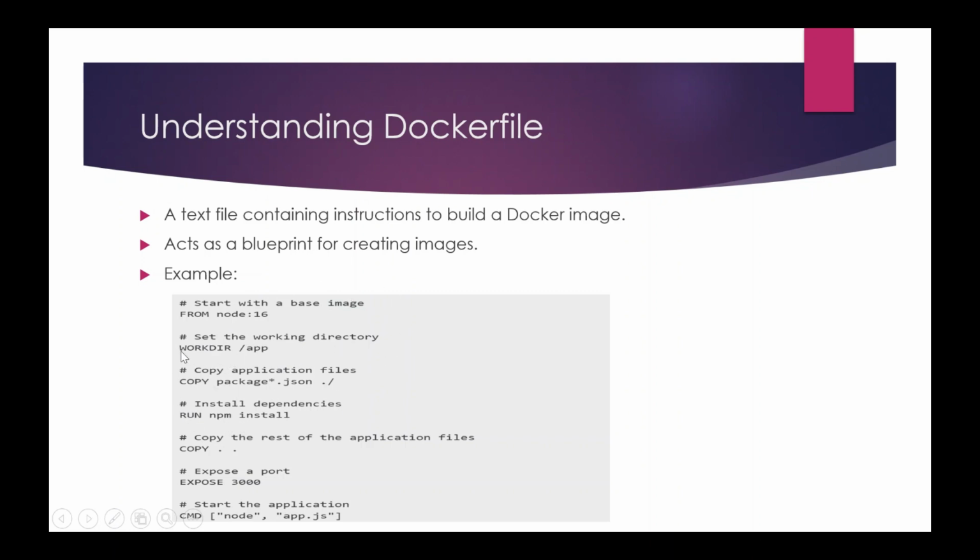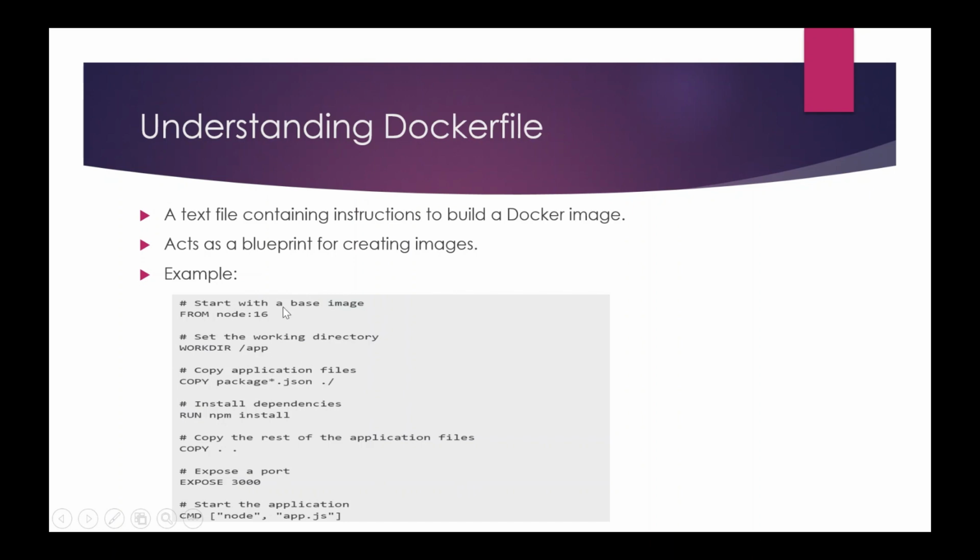If you see inside it here, this is setting up the working directory. After that, this is copying the package.json file. After that, this is installing the dependencies by running the command npm install. Once that is done, this is exposing port 3000 and finally starting the application.